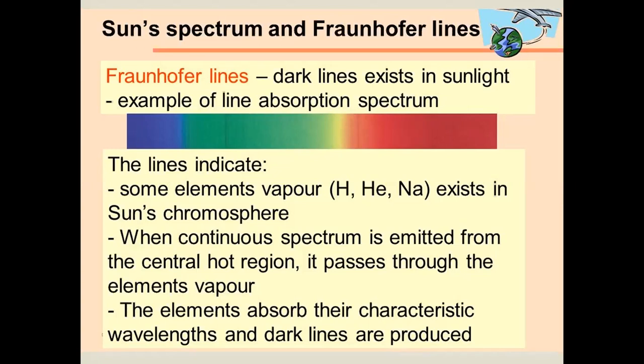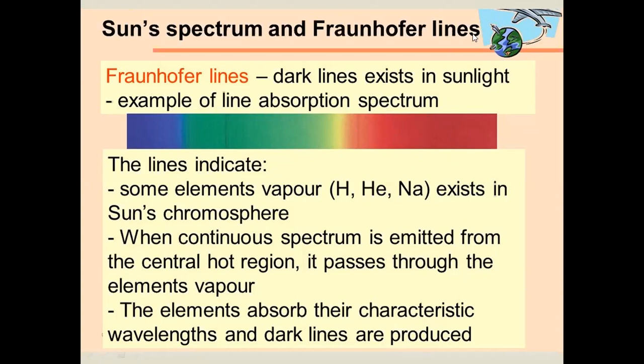The continuous spectrum is emitted from the central hot region of the sun, and it has to pass through the outer cold region of the sun. I think you'll be able to imagine the sun is a sphere. The center of the sun is very hot compared to the outer layer. So when it travels from the inner portion to the outer portion, the hot portion of the sun gives out the radiation which passes through the cold region.